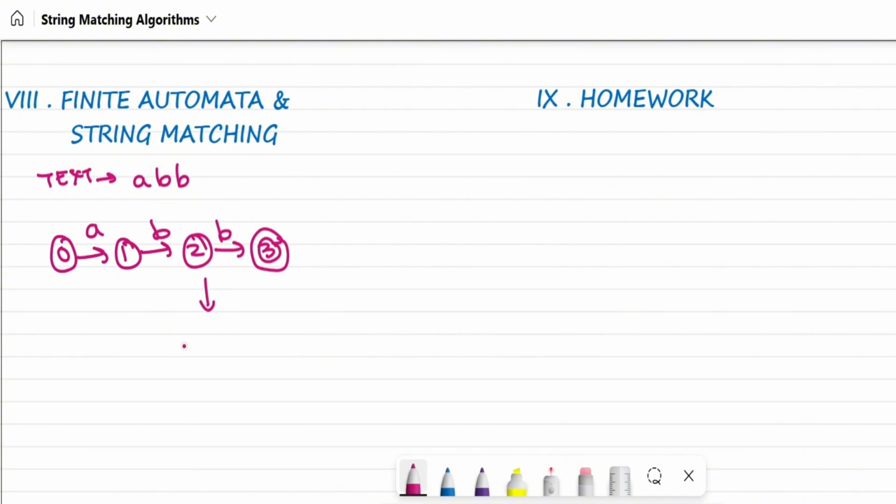At state 2, we have matched AB, and at state 3, we have matched ABB, which is the final state, and at state 1, we have only matched A. At state 0, we have matched nothing. If a mismatch happens, the automata moves to another state instead of starting from scratch. This idea is what makes algorithms like KMP efficient, guys. We can look at that later.